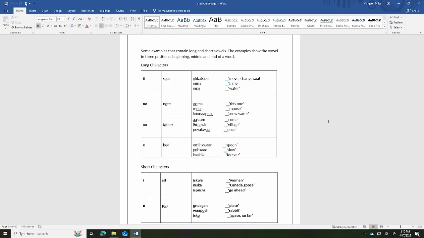Wapush. You could hear the sound in the middle of the word. Wapush, rabbit.